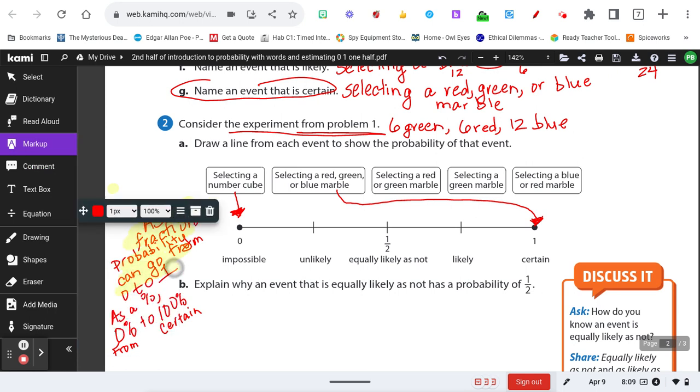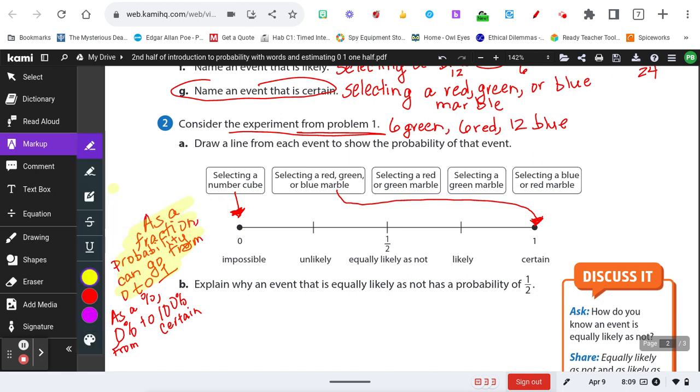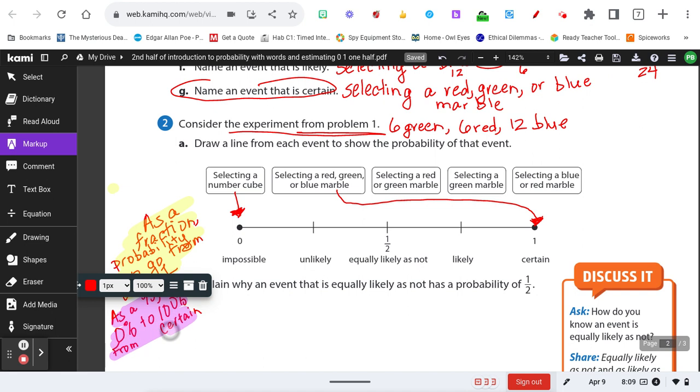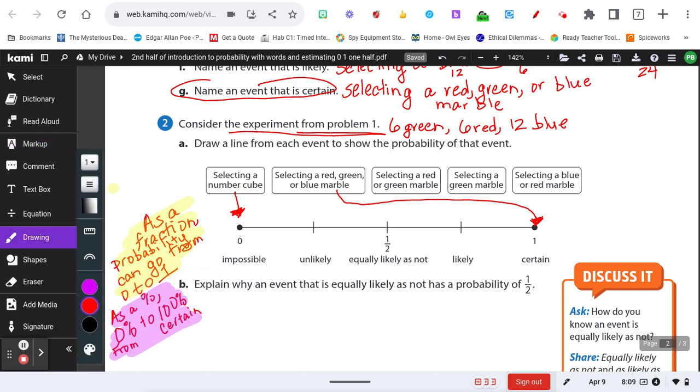So as a fraction, the probability can range from 0 to 1. But as a percent, the probability ranges from 0% to 100%. So I'm going to add these numbers as fractions.